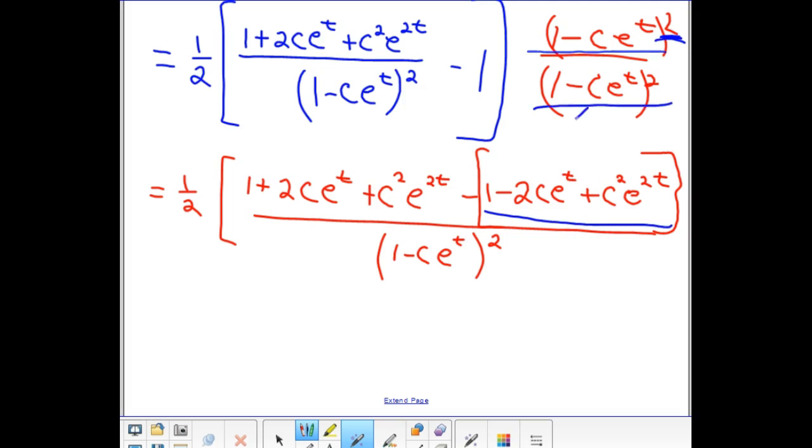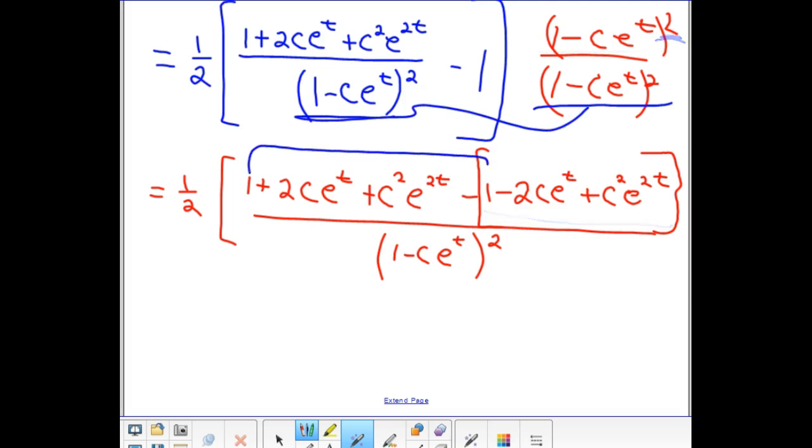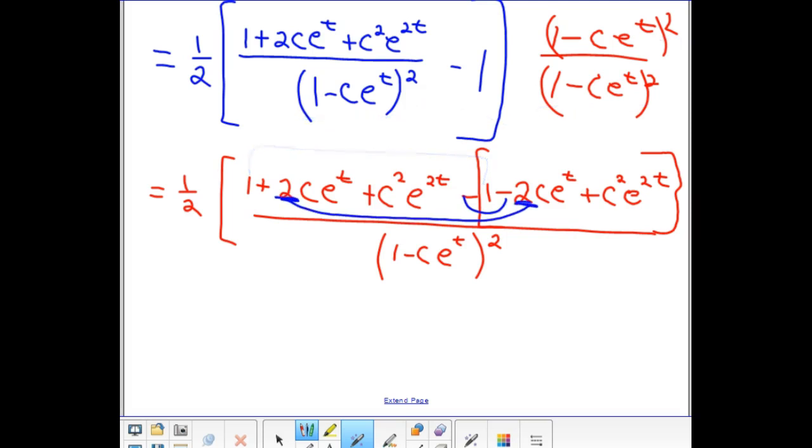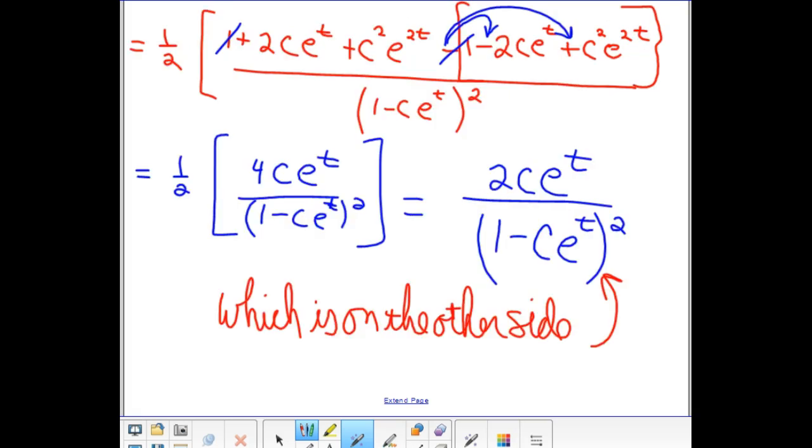Then I left the denominator the same because I had common denominators. So look at this one and that one. They go away. But minus minus, this is going to become 4. And then this guy and this guy, because of this subtraction sign, cancel out. Ha-ha, you say.